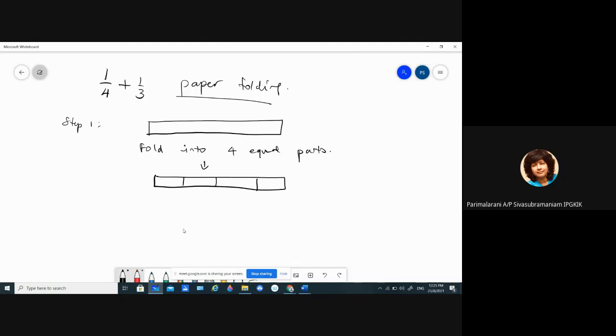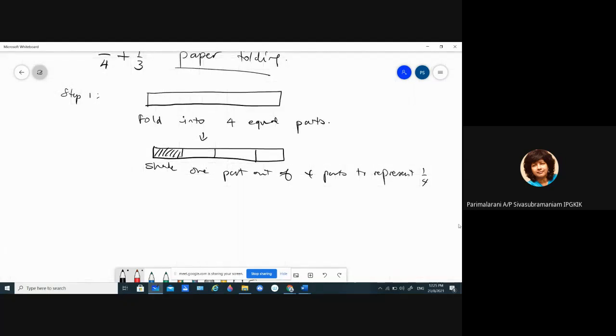So shade 1/4, or 1 part out of 4 parts. We can say shade 1 part out of 4 parts to represent 1/4. So they shade 1 part already. Now you have 1/4.